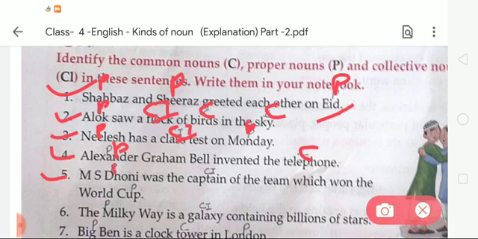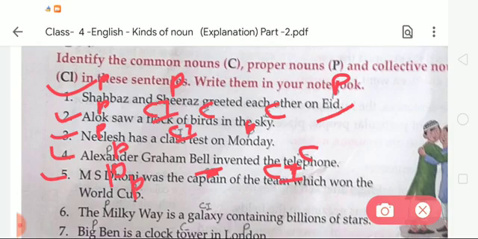MS Dhoni is a proper noun, so we write P. Captain, no, there is no captain. Team is an example of a collection, so it is a collective noun, and World Cup is a proper noun, so we write P here.